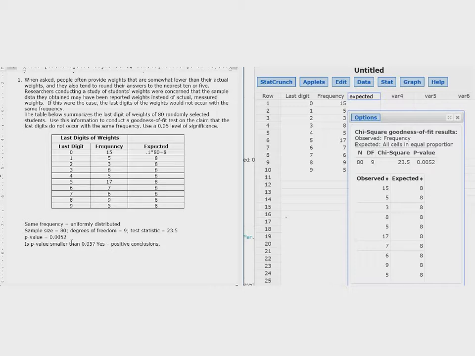Now, for a goodness-of-fit test, the null hypothesis is that the sample values do fit the distribution.